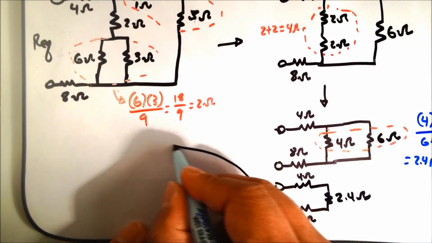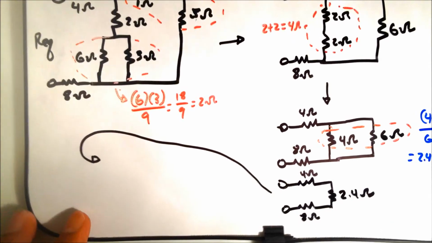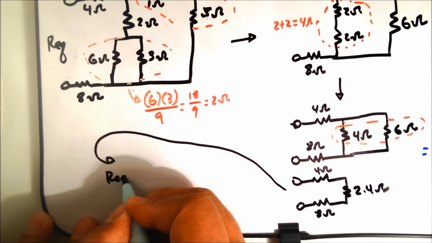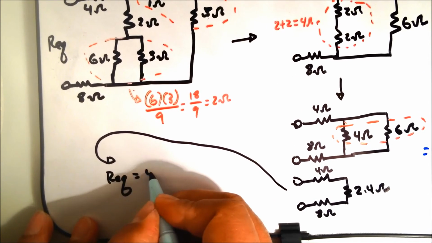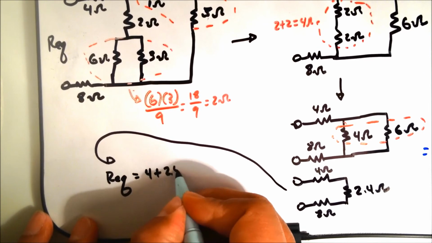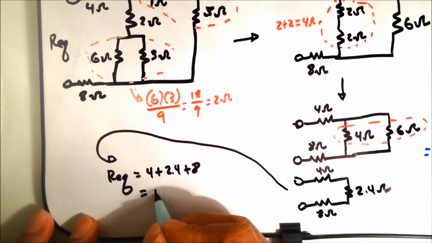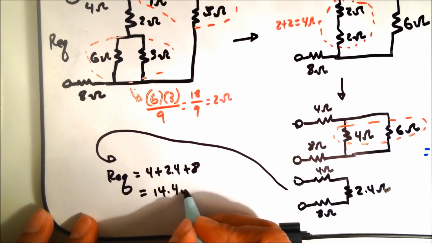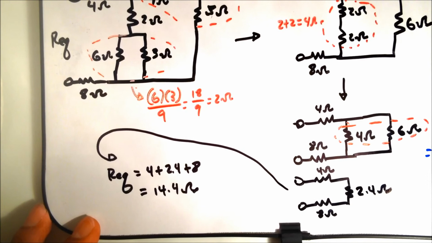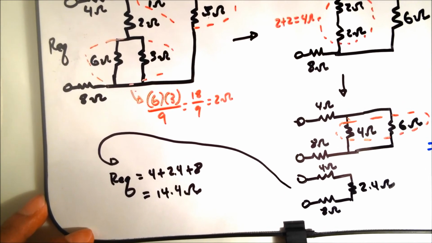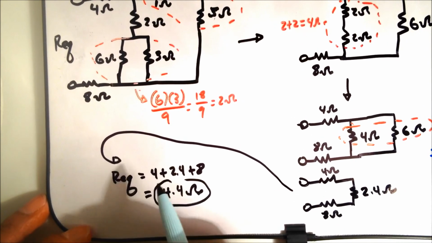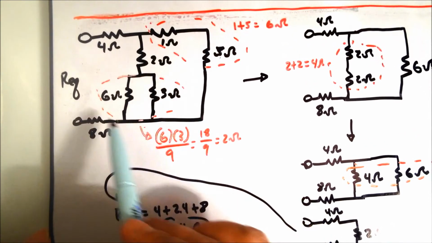I'll put it over here. The equivalent resistance is equal to 4 ohms plus our 2.4 ohms plus our 8 ohms, which equals 14.4 ohms. There we go. Here is the equivalent resistance of the network that we started out with in the beginning.